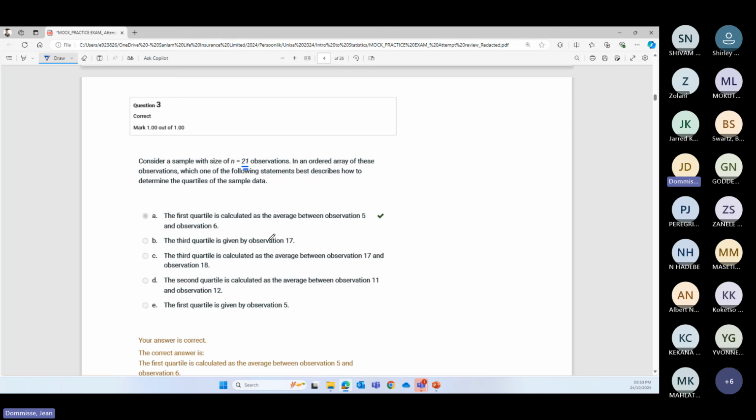This was the one that was shared as a PDF on myUNISA. I don't think it was very similar to the mark that you are writing or have written in some of the questions, but this is the one that is shared.